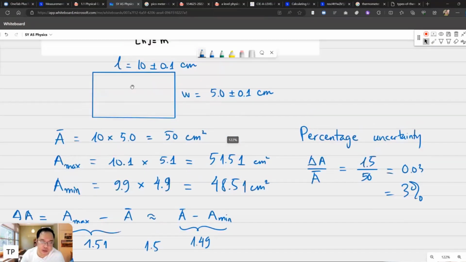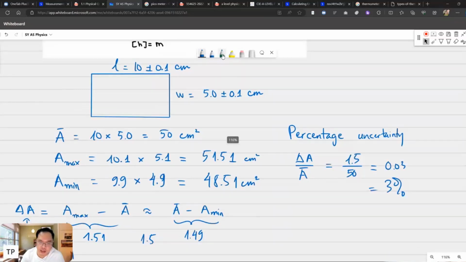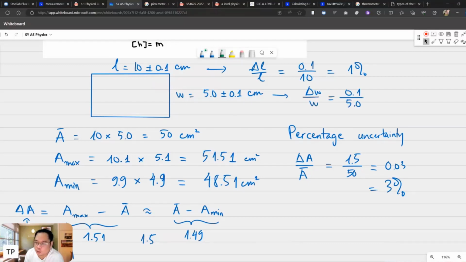From the example, the percentage uncertainty of the length, delta L over L, is 0.1 over 10, which is 1%, right? And the percentage uncertainty of the width, delta W over W, is 0.1 over 5, which is 2%, right?